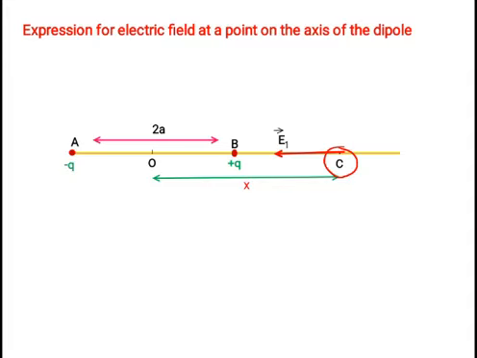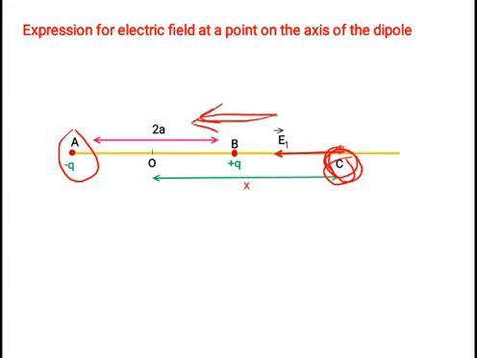Then what will happen to the electric field from C to A? Means the electric field between this point C, the positive charge, and this negative charge. So this is positive, this is negative. So for that reason there is an attractive force. The direction of the force is in this way, as well as the direction of electric field from C to A is also the same way.